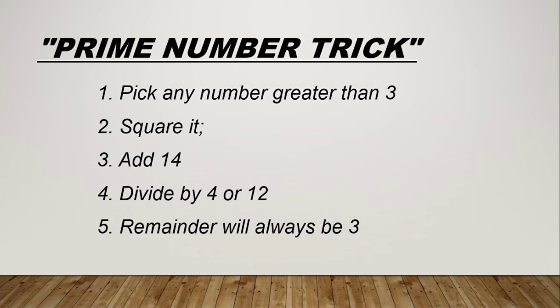So we'll have an example. Let's try 5, a prime number that is greater than 3. Therefore, we can use this number, 5. Then the second step is to square it.